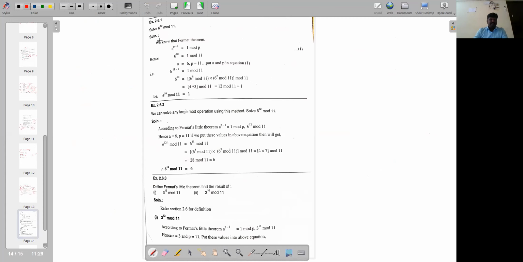First you need to check these two values: a is equal to 6 and p is equal to 11. You need to make sure that these two values are co-prime, relatively prime. So 6 and 11 are co-prime, so we can simplify it. a power p minus 1, which is 6 power 10, since p minus 1 is 11 minus 1, 10. So 6 power 10 is equal to 1 mod 11.